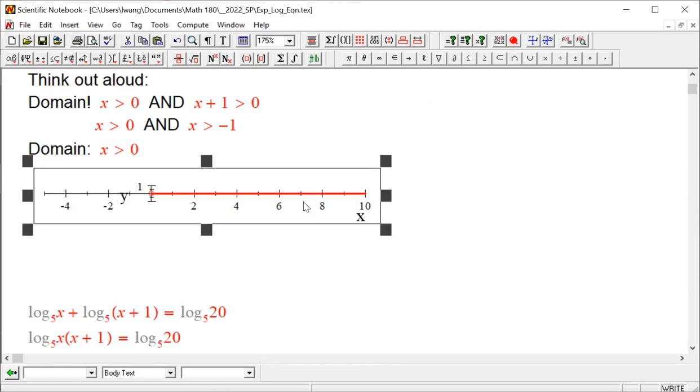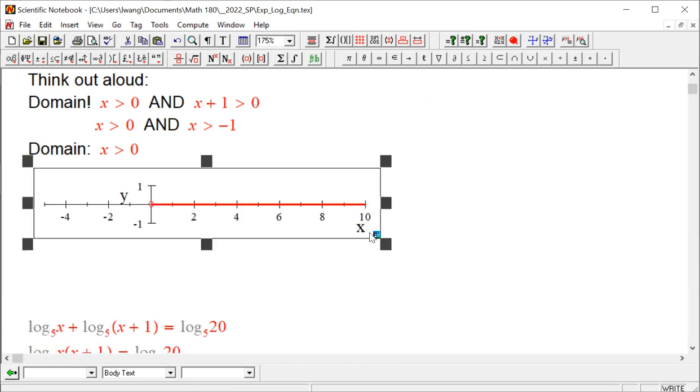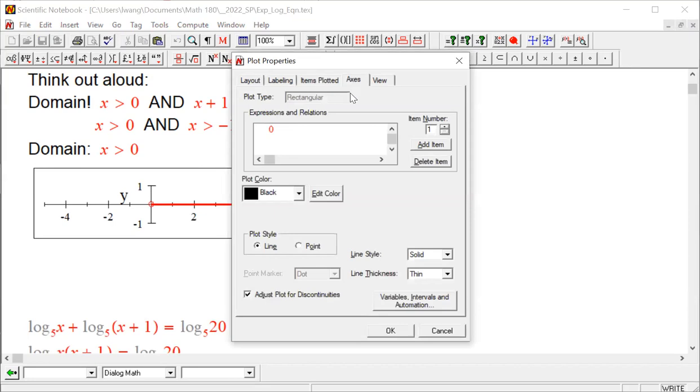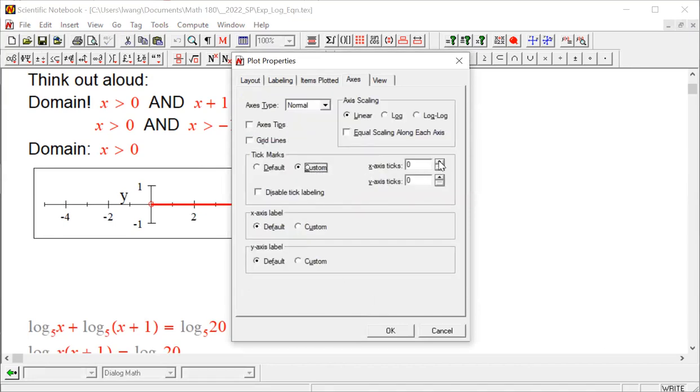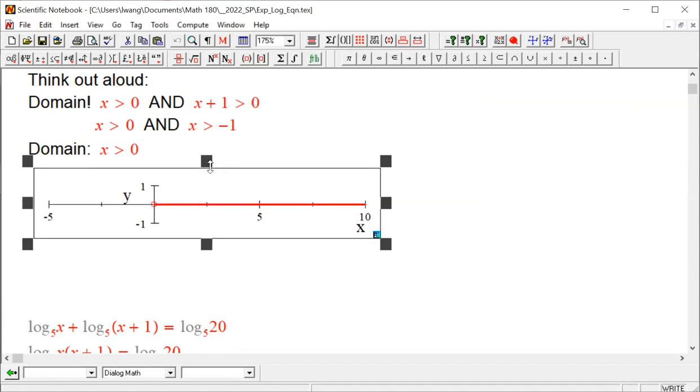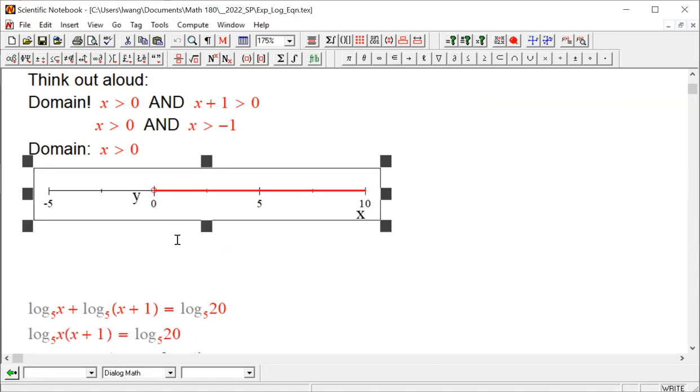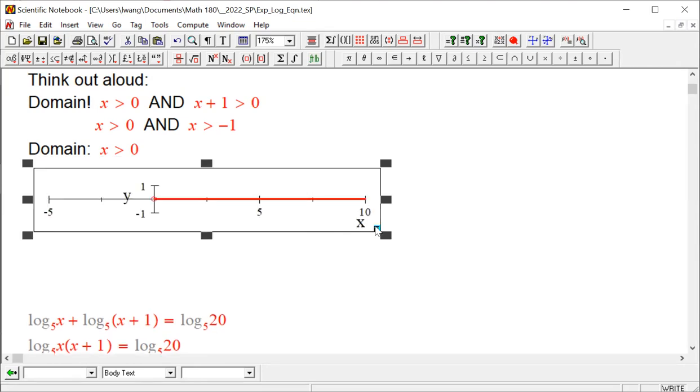Let me make one more little adjustment. There, that's what I want to show you. So just the number line. This number line shows the domain. Larger than -1.